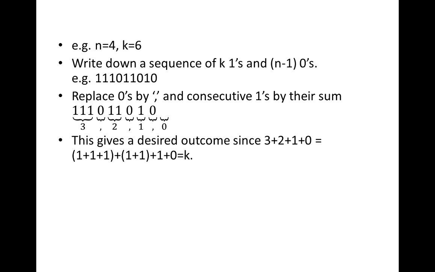This gives the desired outcome since 3 plus 2 plus 1 plus 0 is equal to 1 plus 1 plus 1 plus 1 plus 1 plus 1 plus 0 equal to k. The sum of the integers is k. That is all we want in the problem.